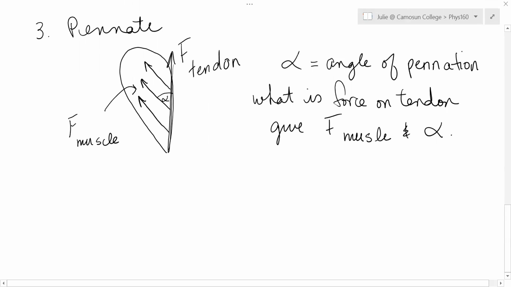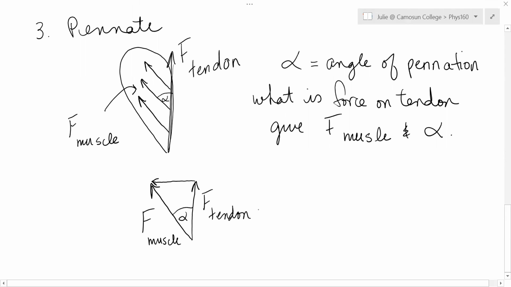Okay, so the muscle is the hypotenuse again, and the tendon is this component. Now, I don't know what the fancy name for that horizontal component is, but this is F muscle. This is alpha, which is an angle, and this is F tendon.